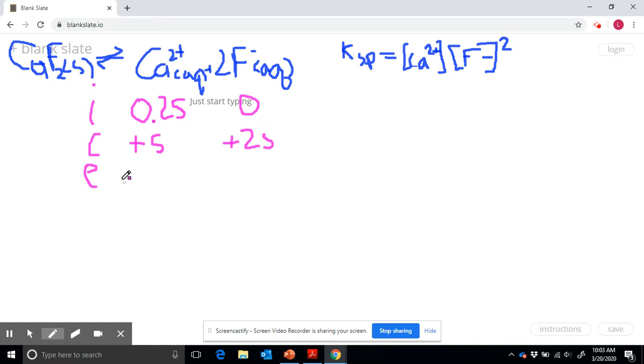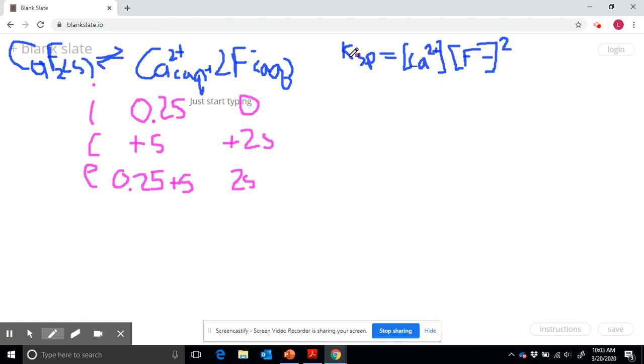So at equilibrium, we have 0.25 plus S. I know it's hard to tell the difference between my S's and my 5's. And then over here, we have 2S. We can then plug that into our Ksp expression.